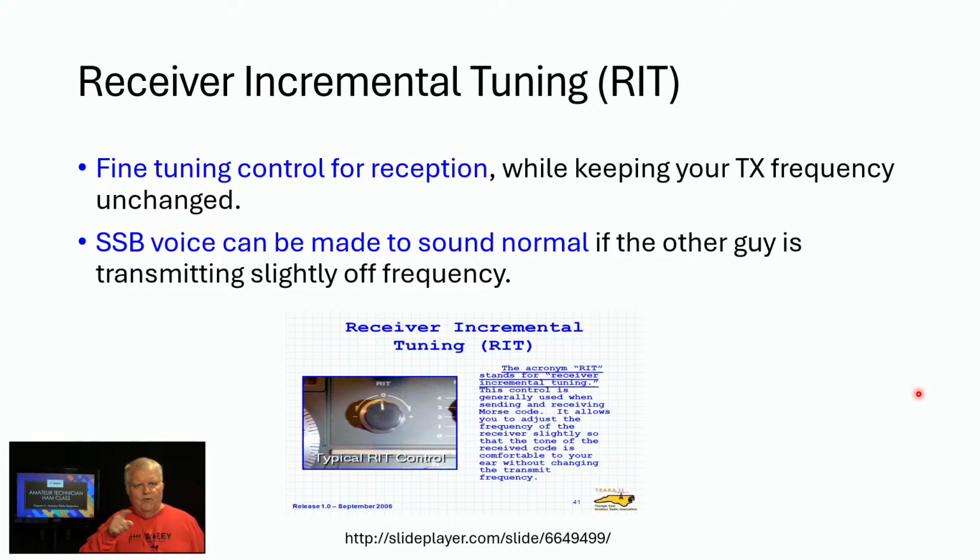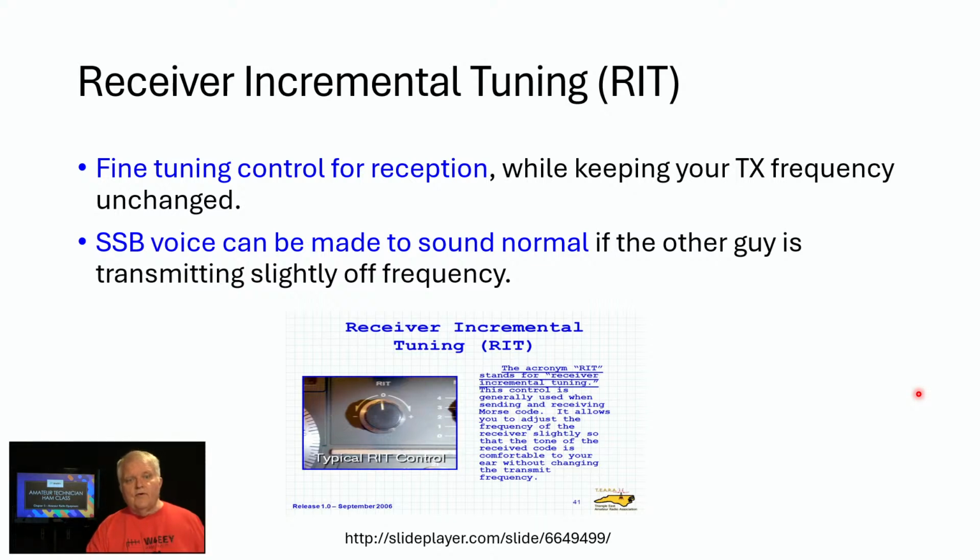You don't want to be tuning the big knob up and down all the time, so you can use receiver incremental tuning just when your buddy is transmitting, and then turn it off when the rest of the folks are transmitting. And receiver incremental tuning, sometimes called a clarifier, also can be used to help a single sideband voice sound normal. Because remember, I said it's kind of finicky to tune, so RIT can come into play.